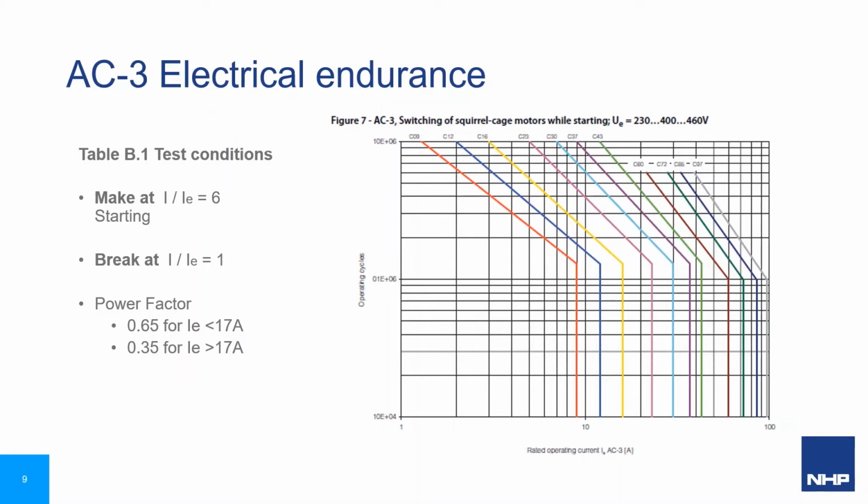For AC3, the contactor closes with 6 times rated current and opens at rated current but at 17% voltage, which equates to the voltage across the contactor as back EMF is still present from the rotating motor. The number of operations completed is in the hundreds of thousands or millions depending on the manufacturer's specification and provides real-life performance data for the contactor.